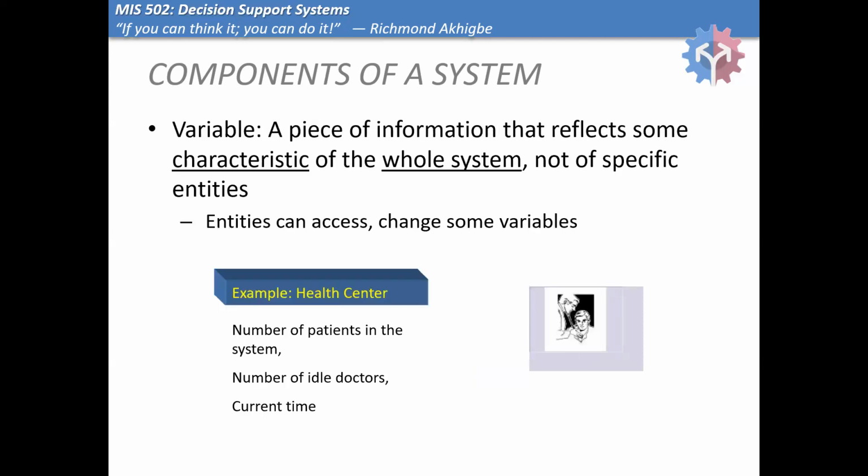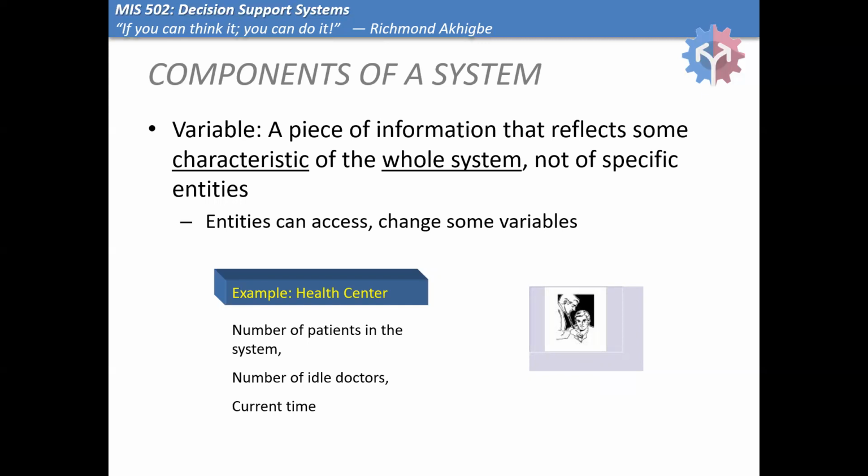What next? Variable. You remember I just mentioned that there's an attribute for an entity and there's an attribute for a system, the whole system. Because we do not want to get confused between an attribute for an entity and an attribute for a system, we use the term variable, which is for the whole system.